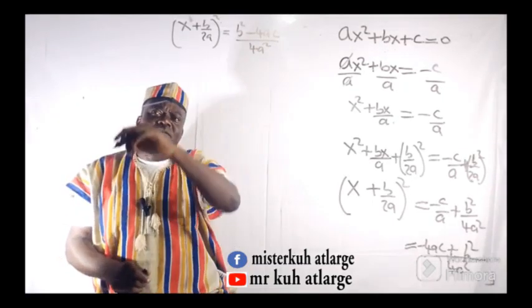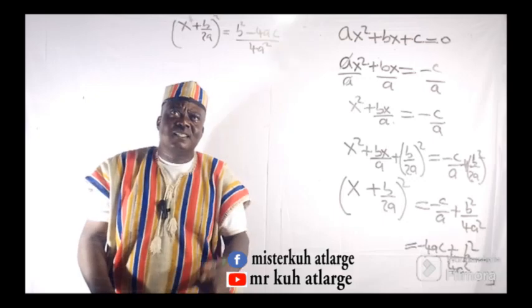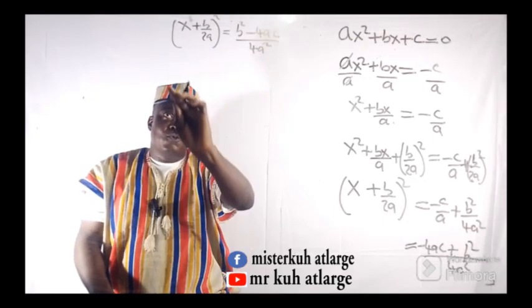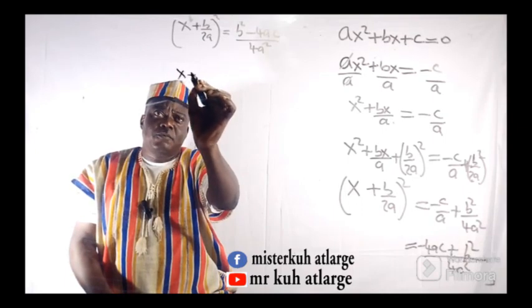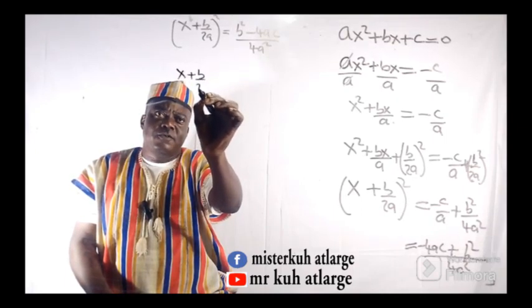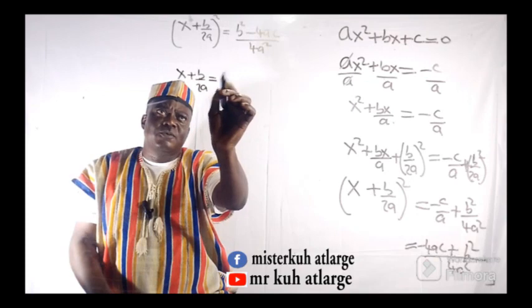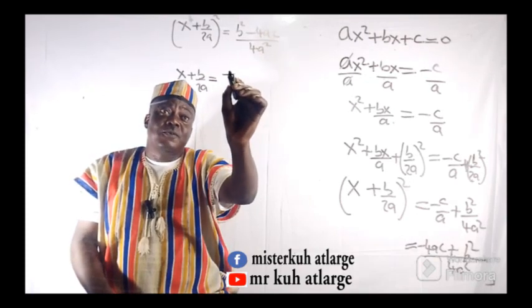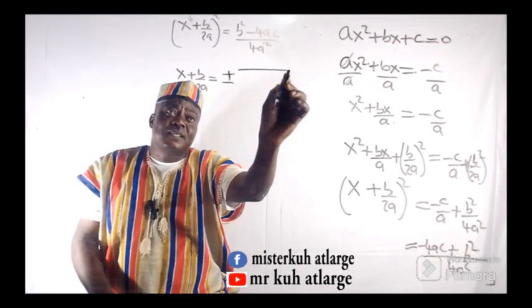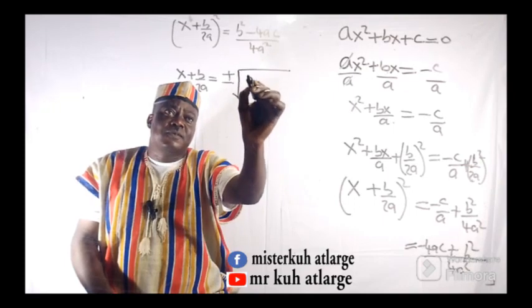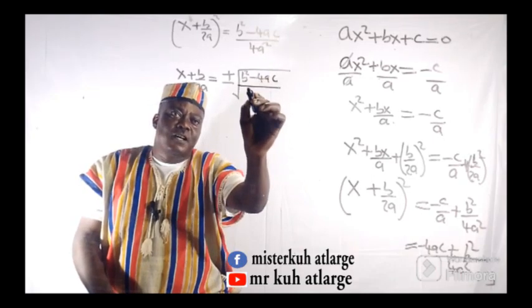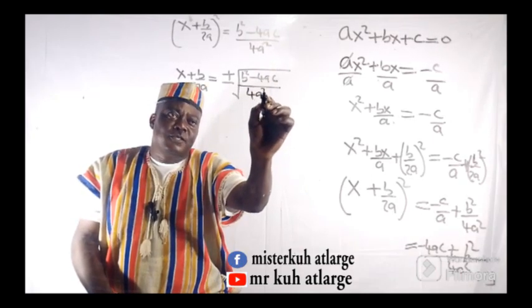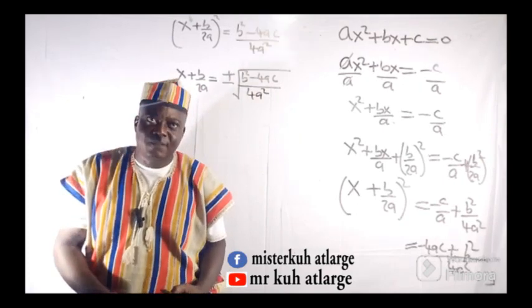Next, we now find the square root of both sides. If you do that, these two will go. So now you have x plus b over 2a equals to plus or minus the square root of b squared minus 4ac all over 4a squared. I'm making progress.